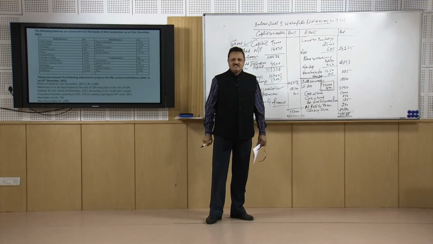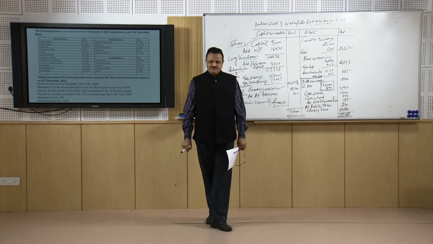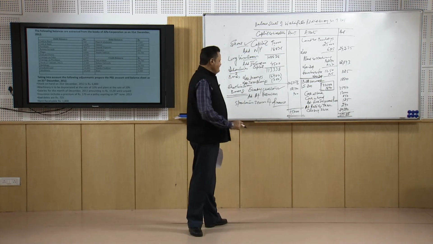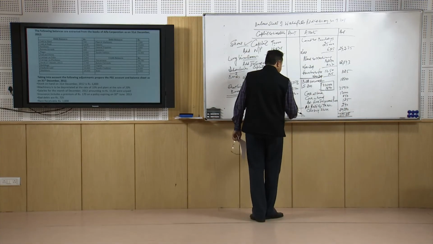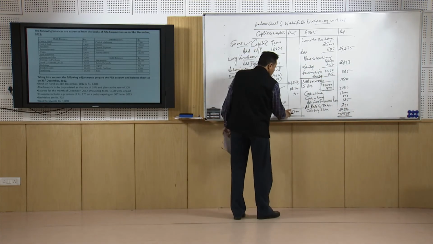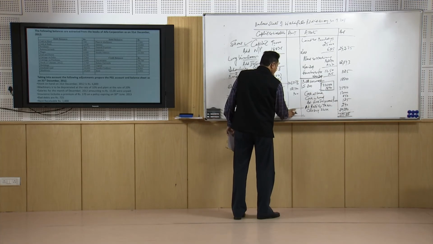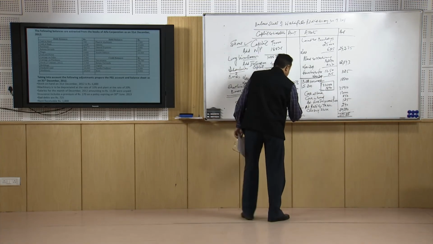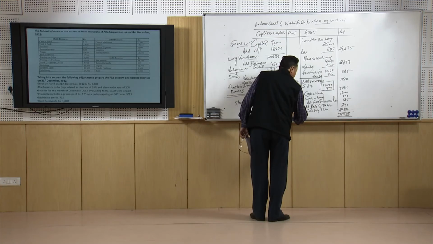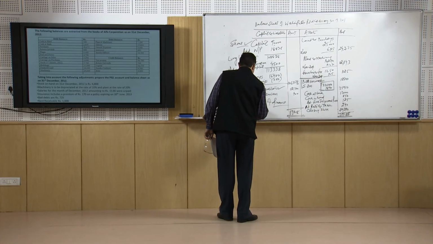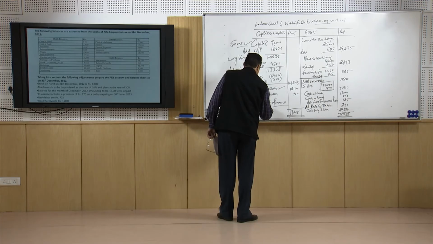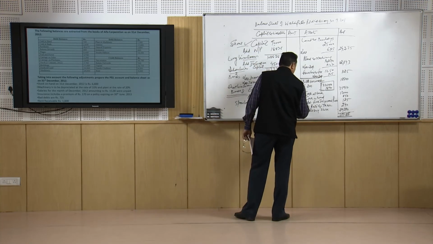But if the firm does not want to create hidden or secret reserves, in that case this side is 1,19,128, this side is 1,15,000. So we will have to make both sides equal, and we will make it 1,19,128, and the difference we will put here as profit and loss account, and that amount of 4,128 will be shown here.